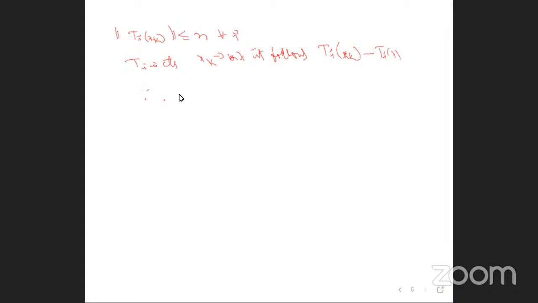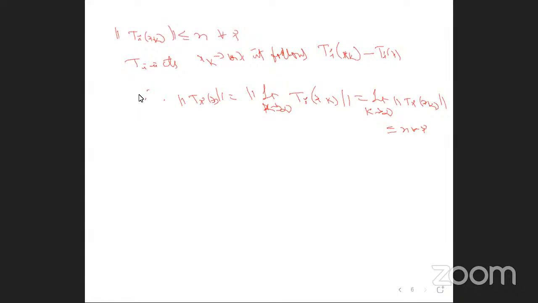Therefore, we have norm of T_i(x) equal to the limit as k tends to infinity of norm of T_i(x_k), which is less than or equal to n for all i.